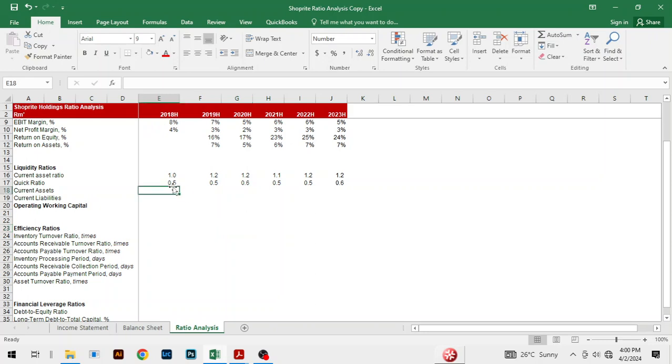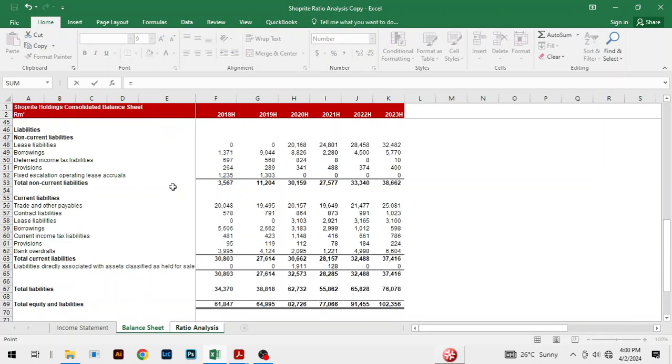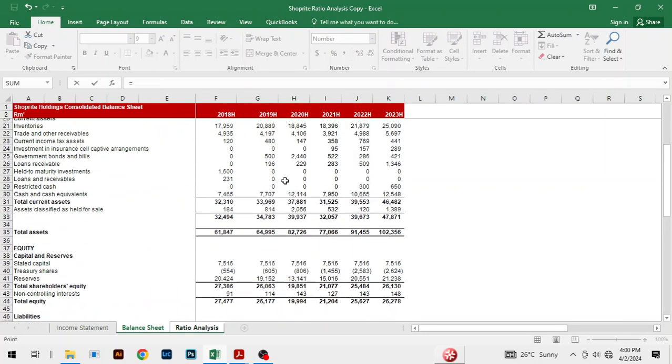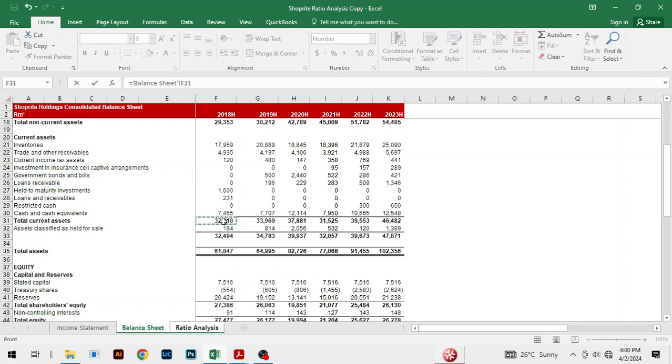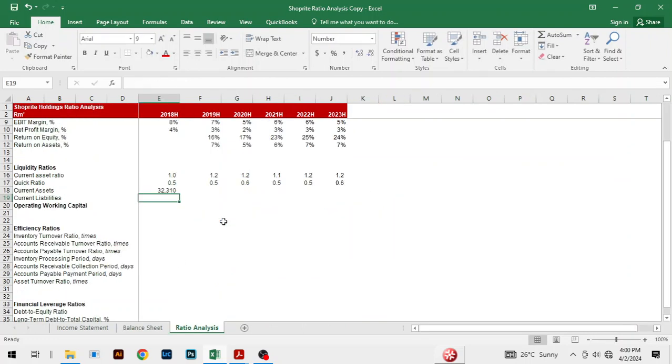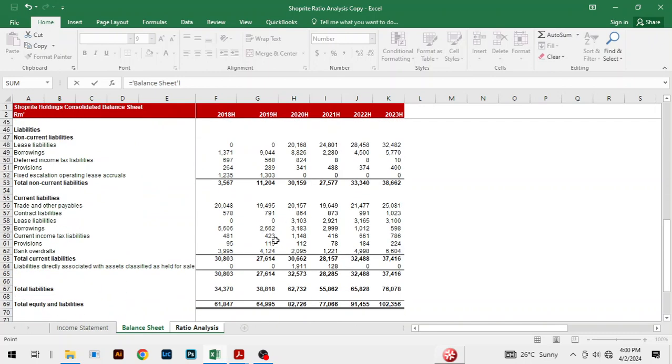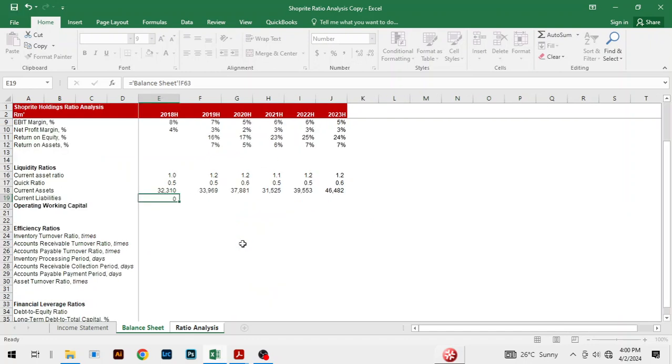So let's just link through our current assets from the balance sheet. So we're just going to link this figure here, and we're also going to link the current liabilities figure. We link that.